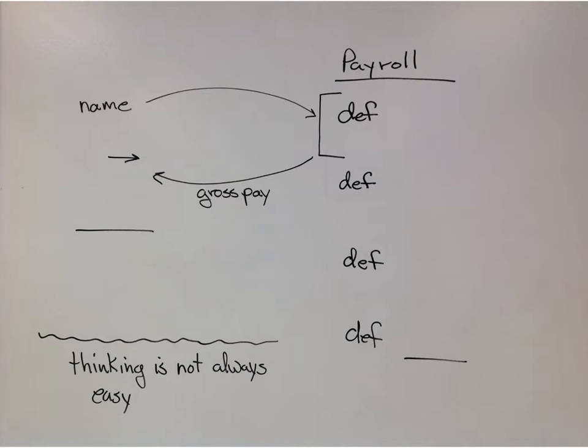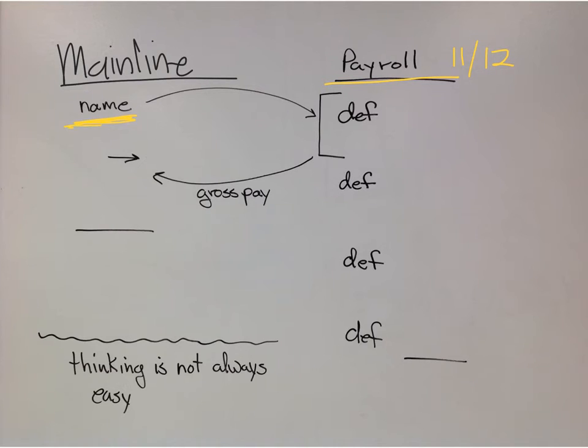Talked a little bit about the payroll program, I believe 11 and 12. I talked a little bit about having some type of mainline. Maybe you have the name, you collect some data here, send some data into a function, and get the gross pay back.